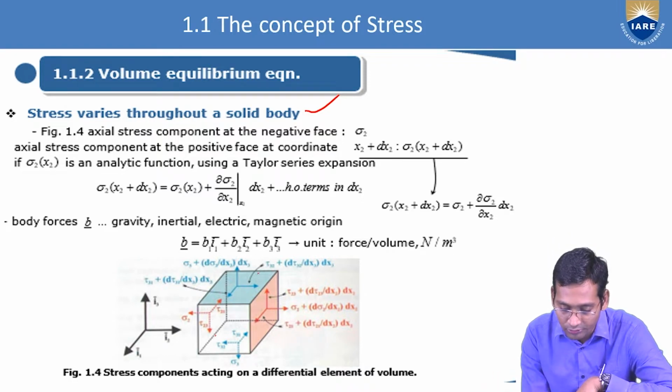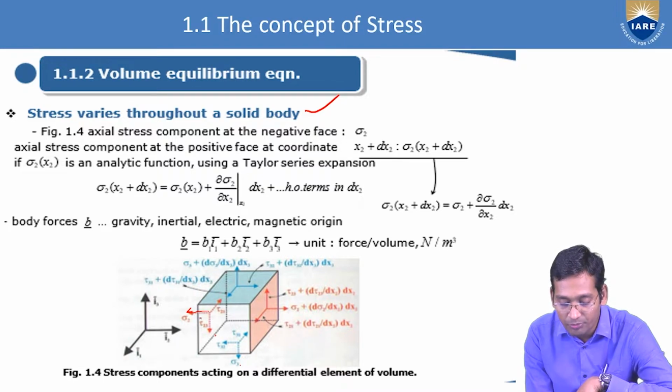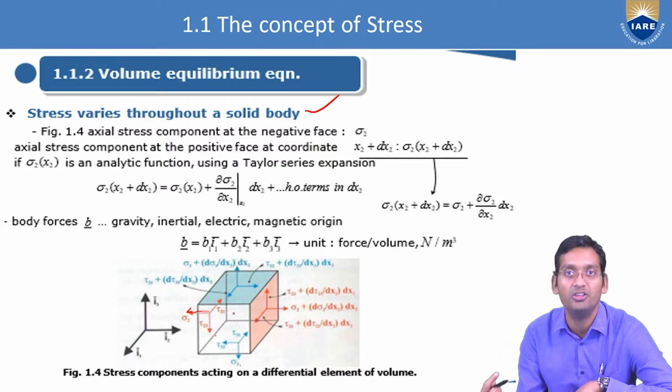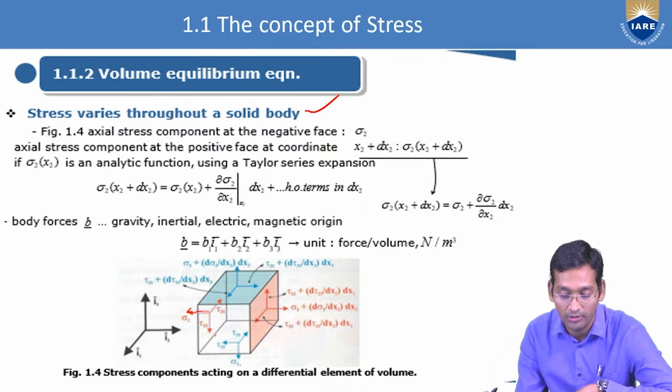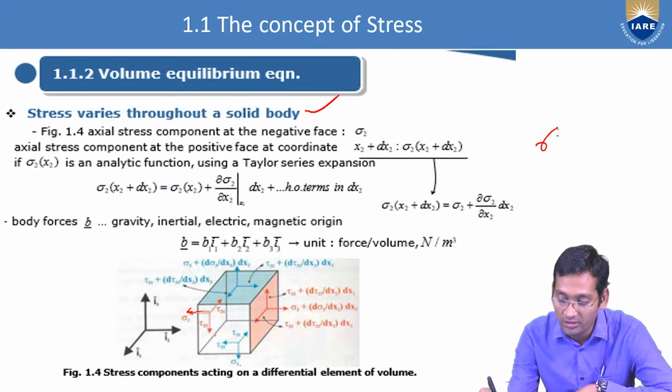So just see here, in all the directions, sigma 2 is acting here, sigma 1 is acting here, then sigma 3. Now once we go from this part to this part inside the volume, definitely some change will be there. By what amount will the change be? That will be delta sigma x by delta x.